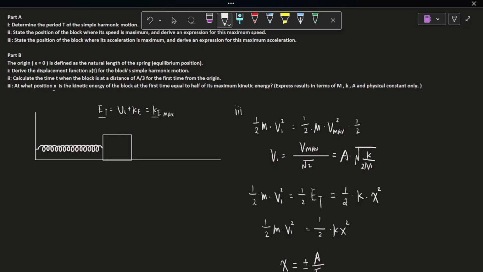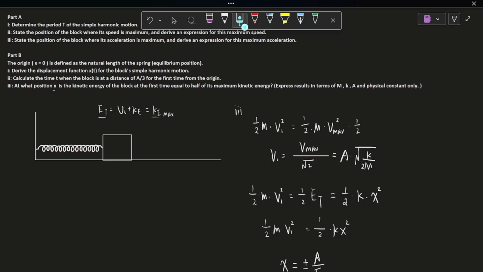Because when you plug this into the expression, you'll find out m can be canceled out, k can be canceled out, basically everything can be canceled out except for the values that you need for the answer.